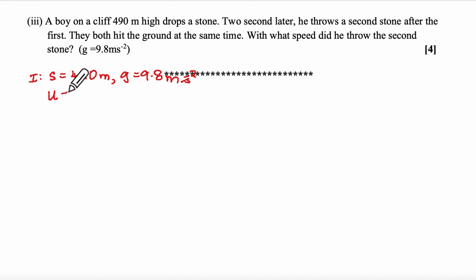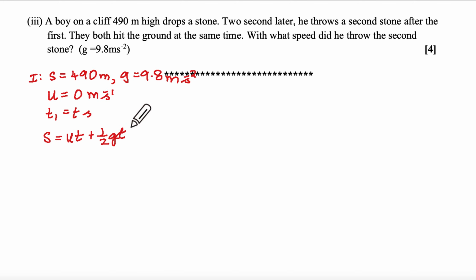He dropped it means initial velocity was 0 meter per second. Now they are saying they both hit the ground at the same time. So the time t1 is, let us say it is t, which is also equal to t2. Agreeable to you?